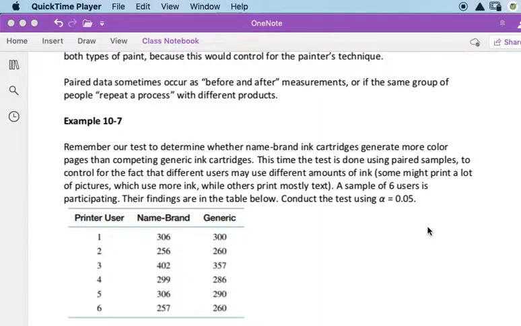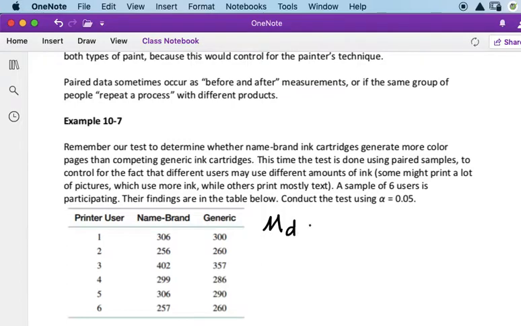First I'm going to write my hypotheses. When we're using paired data, a lot of times you'll see the hypothesis written in terms of mu sub d, and the d here stands for difference. So our difference that we're going to calculate is going to be the mean of the name brand minus the mean of the generic. In the last section, we usually wrote these out like mu1 minus mu2. This time we're going to use mu sub d to stand for that subtraction.